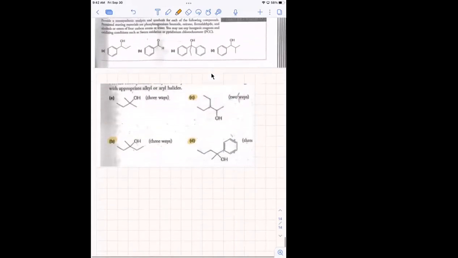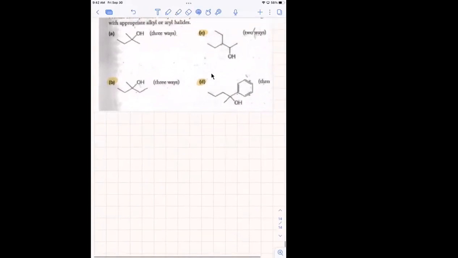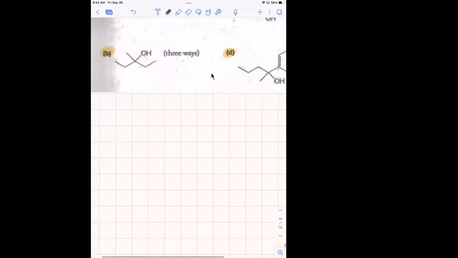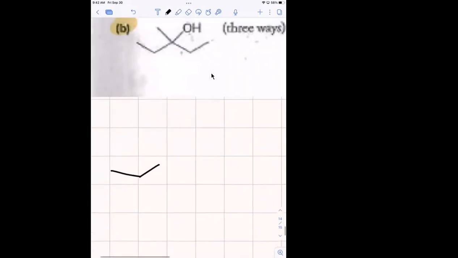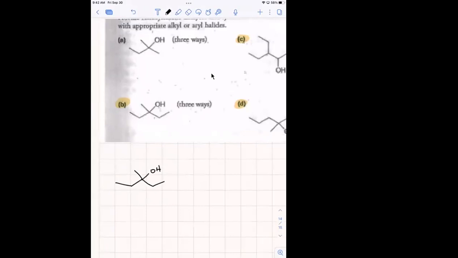So let's start out with B. And notice we don't know what Grignard we started with. That's what I was saying earlier. Sometimes you'll have a problem where you don't know what the Grignard is, so you'll have multiple routes by which you could synthesize that product. So what type of alcohol is that, first of all? That's going to help us understand what the starting materials need to be.